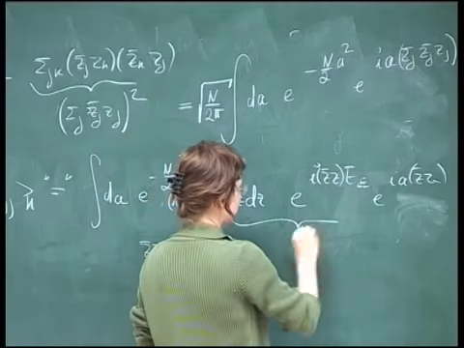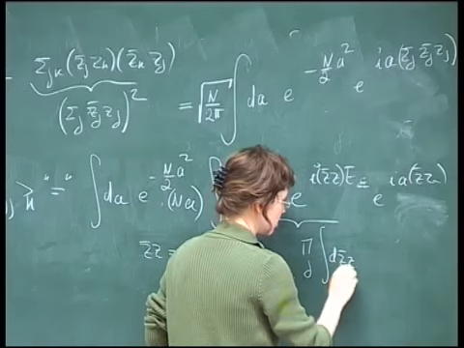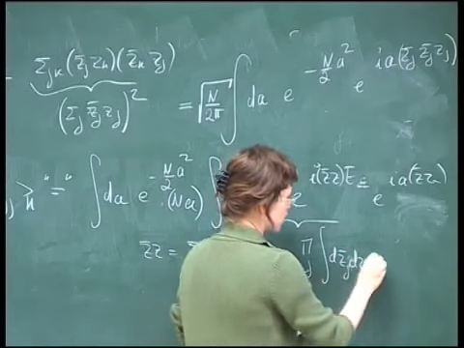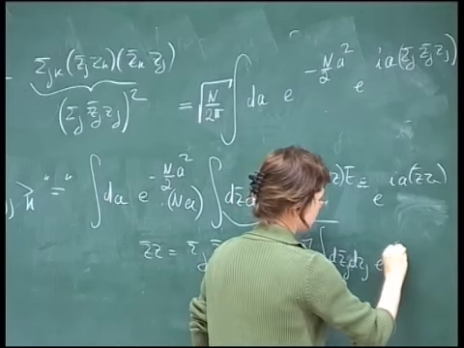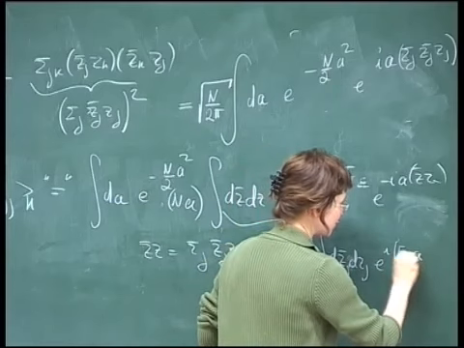And this is actually a product over j of e to the I. Actually, it's better with a minus, it doesn't change anything.